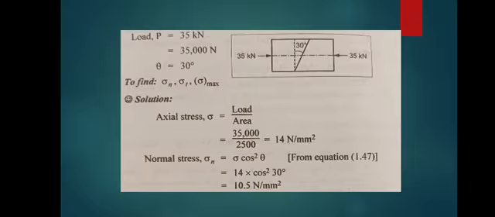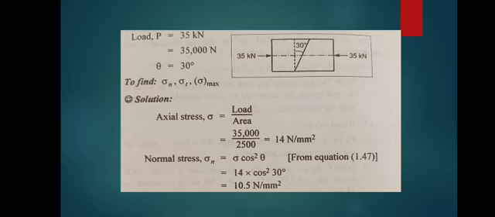Now, normal stress is indicated as sigma n, tangential stress is indicated as sigma t, and maximum shear stress is indicated as sigma max. We know that here only one load value is given. Therefore, here the stress is acting in only one plane.